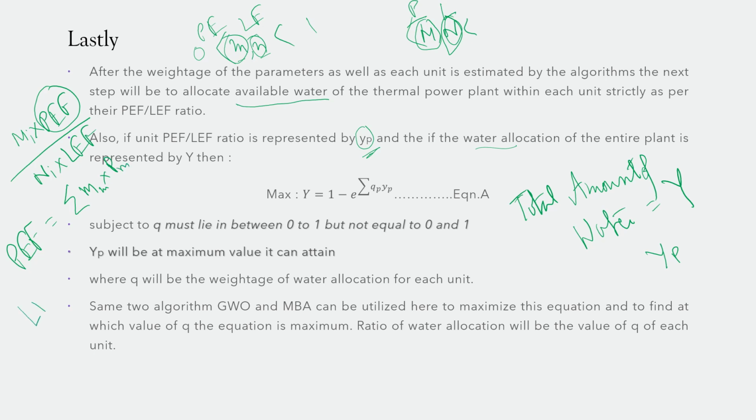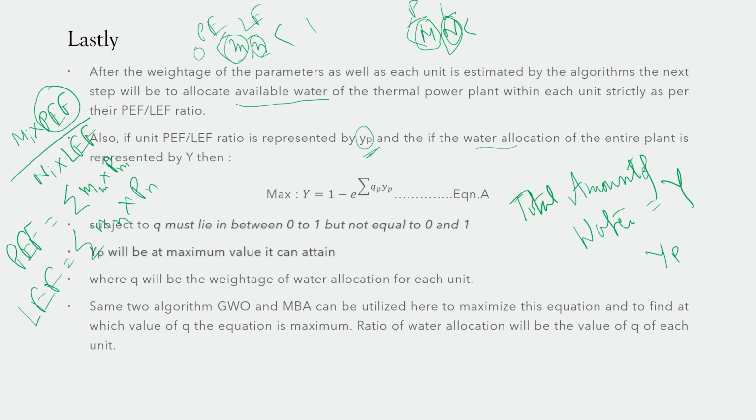And the LEF is the summation of NN into PN. This PN is actually the loss enhancing factors or parameters, whatever you say, for that unit only. But these are in terms of those parameters, and this YP is in terms of water allocation.